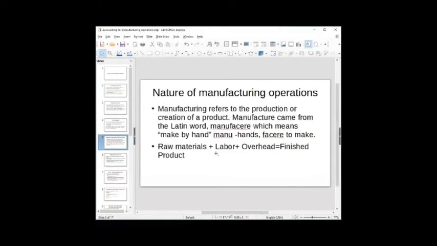Mano means hands, and facere is to make. So in the nature of manufacturing operations, we are creating a new product, and you have to combine the raw materials plus the labor plus the overhead, and that is equal to the finished product.